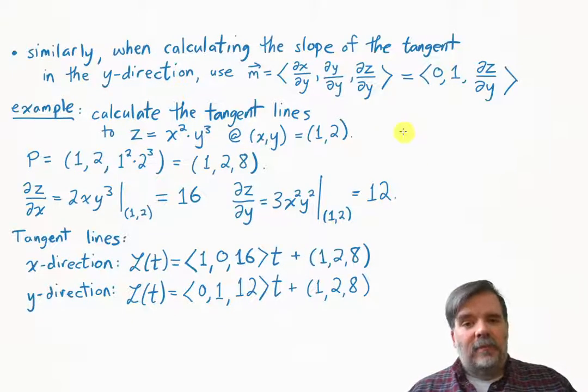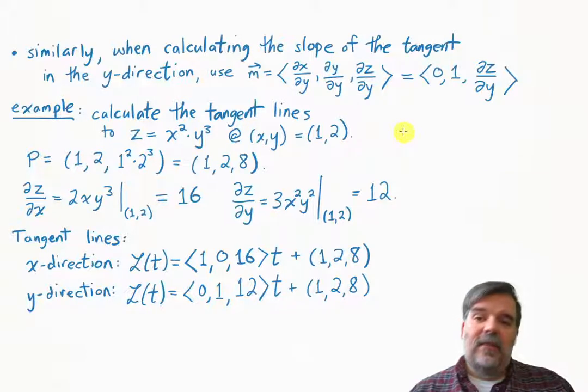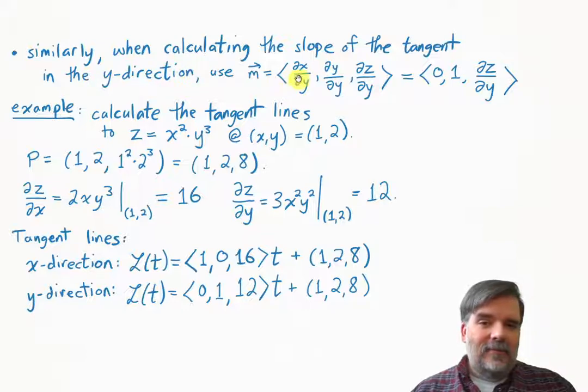And similarly, if we want to calculate the slope of a tangent line in the y direction, we need to calculate the change in x, change in y, and change in z, each one of these as y is changing. And if the tangent line is moving in the y direction, that means y is variable and x is being held constant.